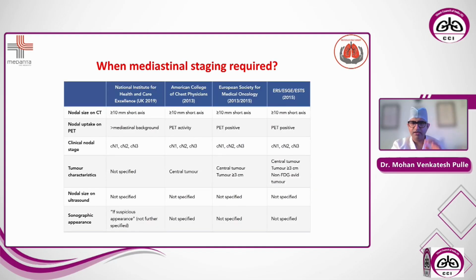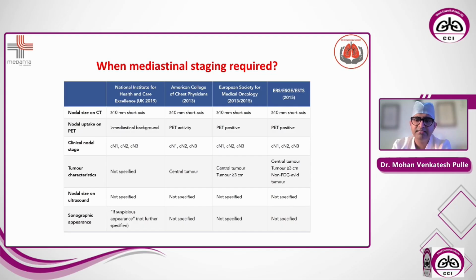So we have many guidelines regarding when mediastinal staging is required in lung cancer, by the National Institute for Health and Care Excellence, and then we have ACCP, ESMO guidelines, and then ERS, ESTS guidelines. The one thing that is very clear is that the factors which say mediastinal staging should be done in lung cancer are a nodal size of more than or equal to 10 millimeters, that means more than a centimeter of lymph node, which is PET positive, evident in the PET scan, and clinically positive.